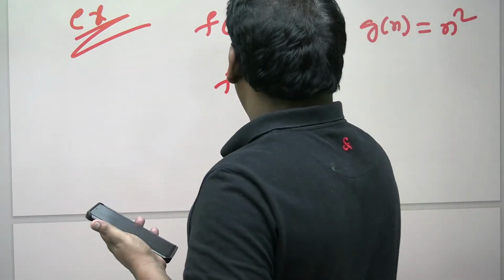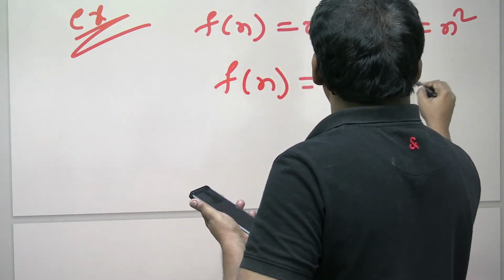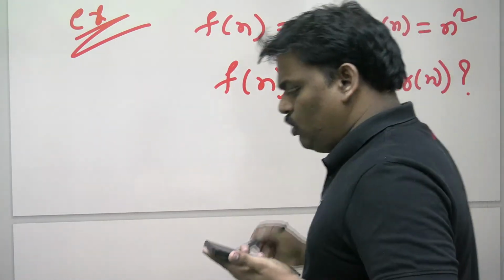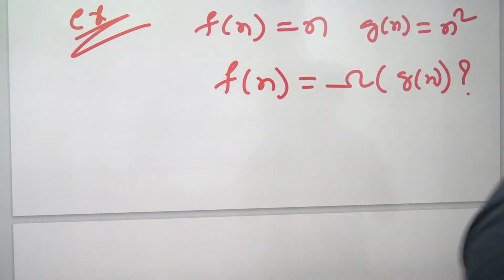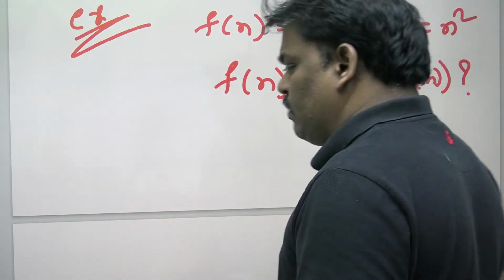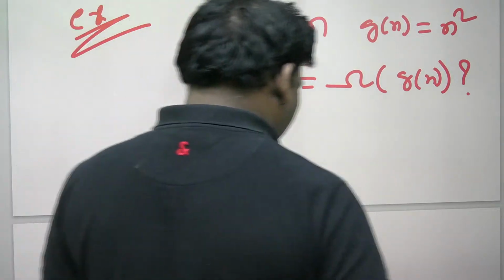I want to prove f of n is omega of g of n. Can you prove it? Try this problem.